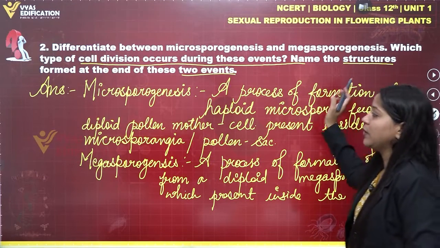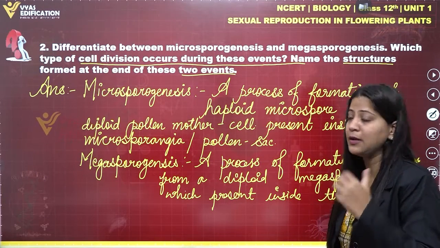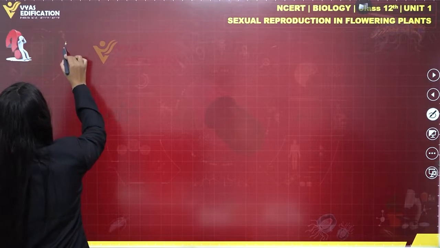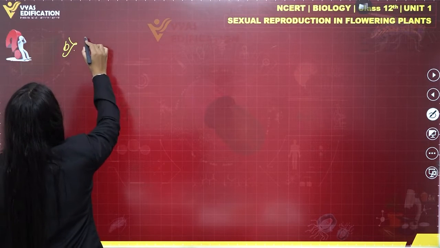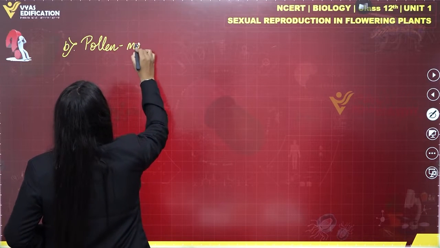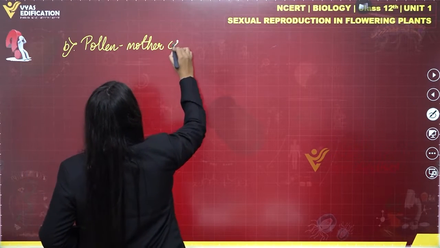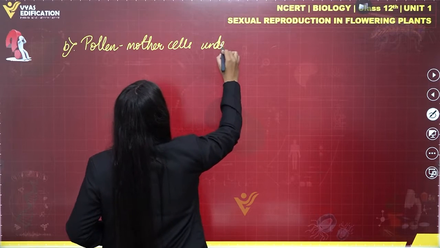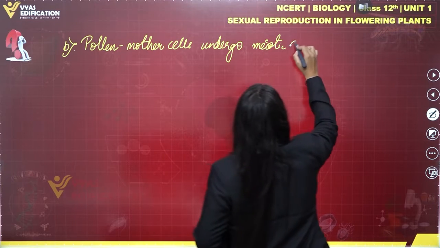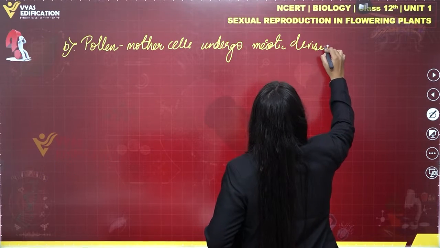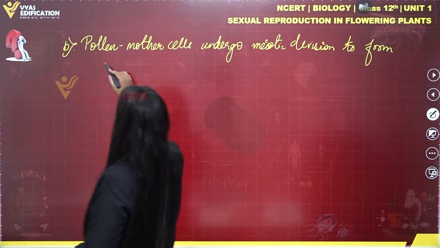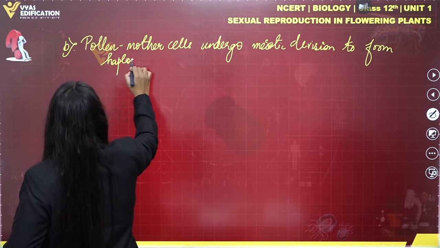Now if we want to write what kind of divisions are taking place during these two events, the second part of this question: pollen mother cells undergo meiotic division to form haploid microspore.